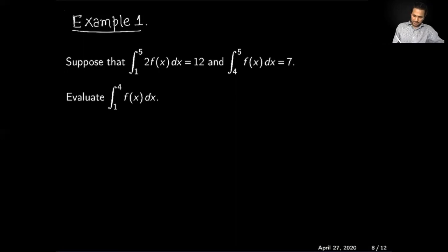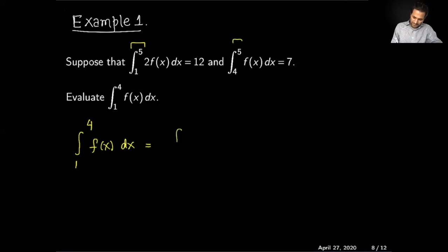So let's start by writing down the net change of f(x) dx from 1 to 4 in terms of the net change from 1 to 5 and then the net change from 4 to 5.